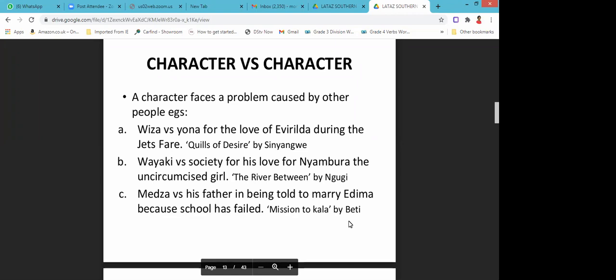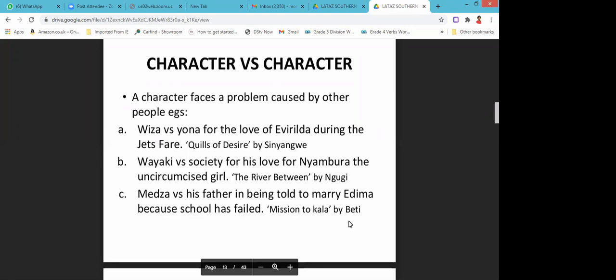Examples: Wiza versus Yona for the love of Everilda during the Jets fair. Another example, Wayaki versus the society for his love for Nyambura, the uncircumcised girl.